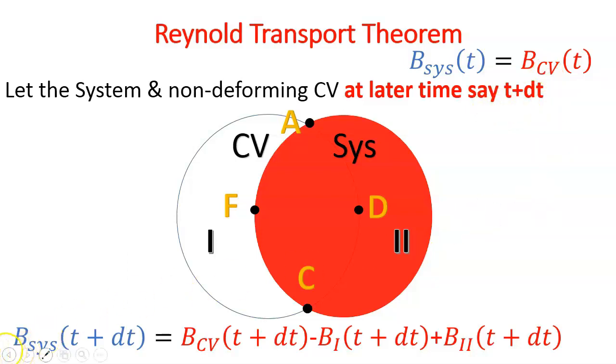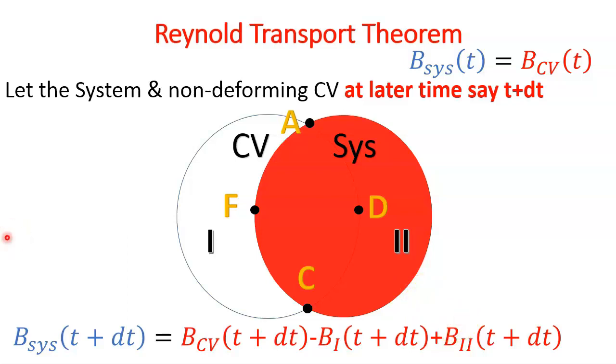So here look at the equation at the bottom. B system at t plus dt is equal to B CV at t plus dt. B CV has not changed at t plus dt, but because of the advancement of system, we have to subtract the region 1 from the system, that is B1 at t plus dt, and then we have to add region 2 at t plus dt.